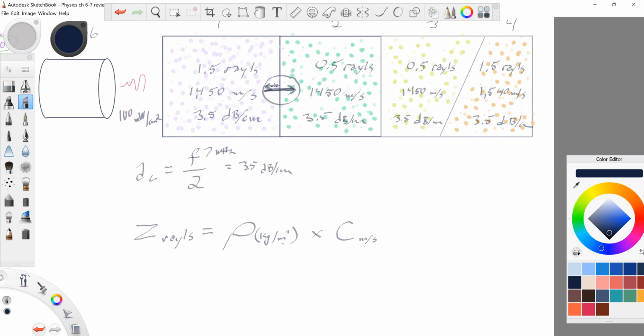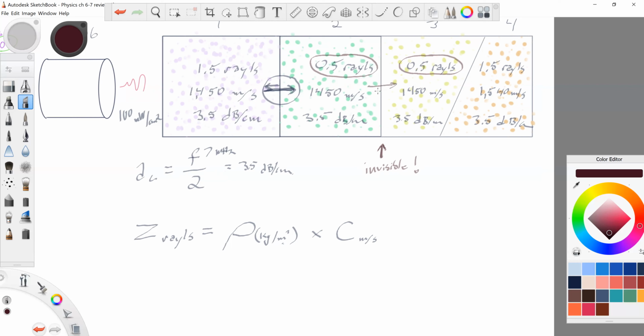Number 6, the incidence between the sound wave at the boundary between 2 and 3 is normal. Yeah. What happens at the boundary between 2 and 3 and why? Let's see. 0.5 rayls and 0.5 rayls. This boundary, as far as we are concerned, is invisible, doesn't exist as far as we know.